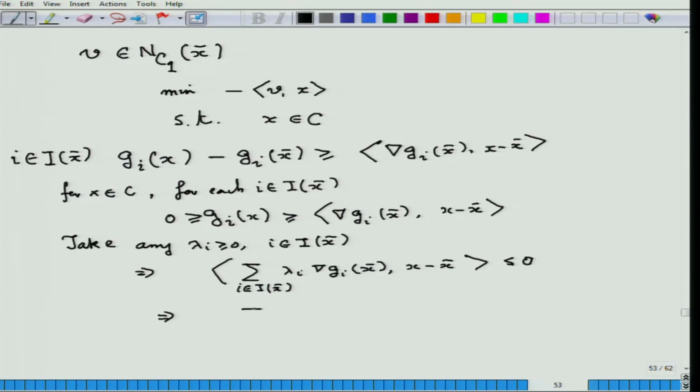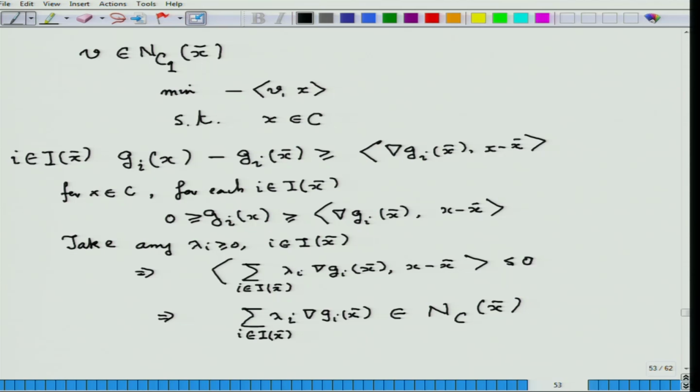This immediately implies that the summation of lambda_i times the gradient is an element of the normal cone to C at x bar. So, I know that any element where lambda is greater than or equal to 0 and is of this form must belong to the normal cone.